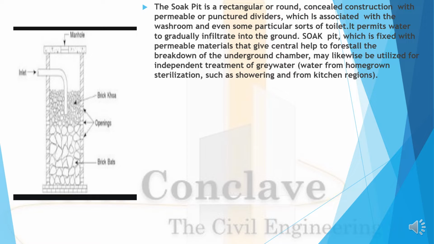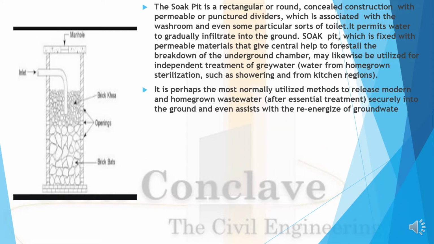The soak pit is lined with a permeable material that gives central support to prevent the breakdown of the underground chamber. It may likewise be used for independent treatment of grey water, that is water from domestic sanitation such as showering and kitchen water.